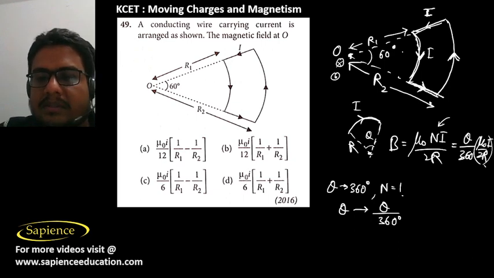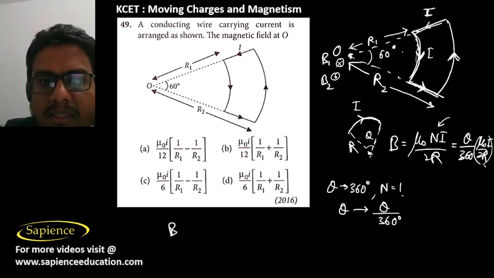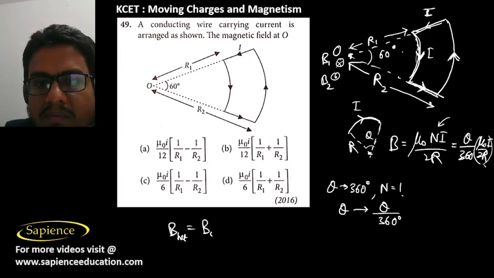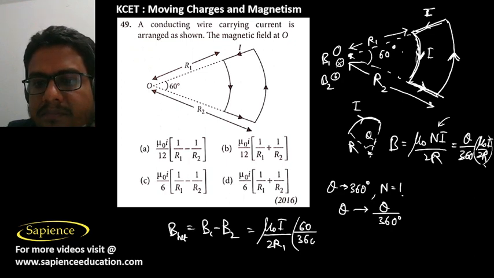Let's say the magnetic field due to this part, that is inwards, I call it B1, and due to the outer circular part, that is B2, which is outwards. So the net magnetic field is B1 minus B2. So B1 is mu naught I by 2 R1 into theta by 360, that is 60 by 360.